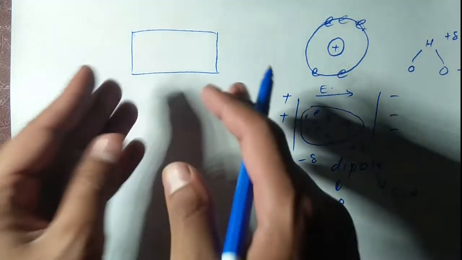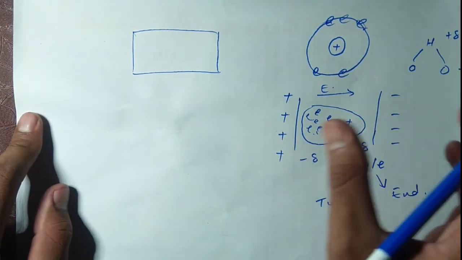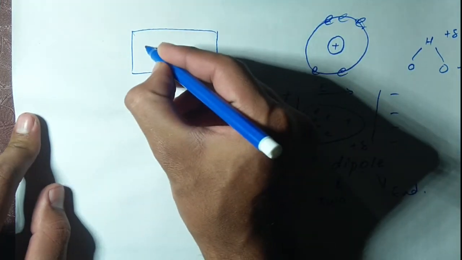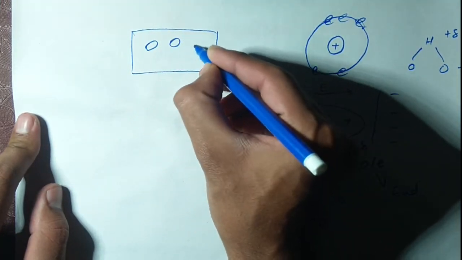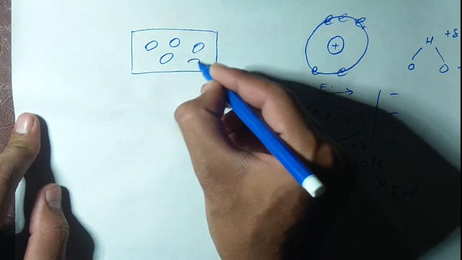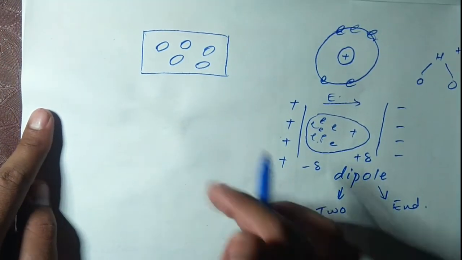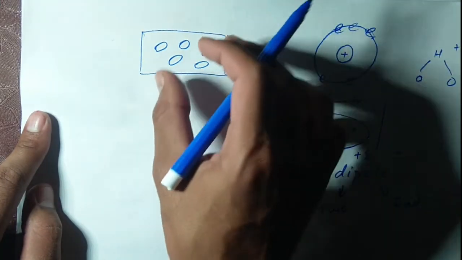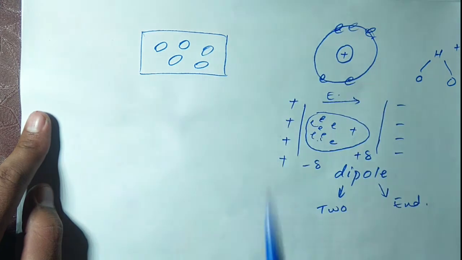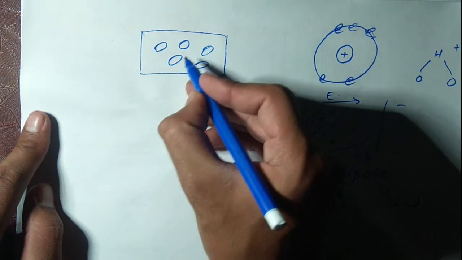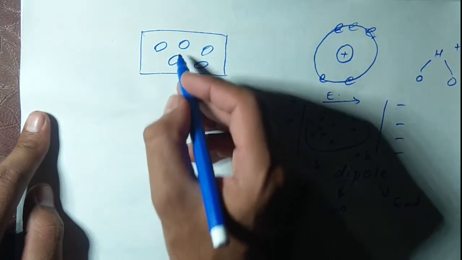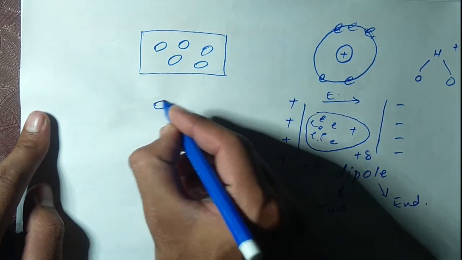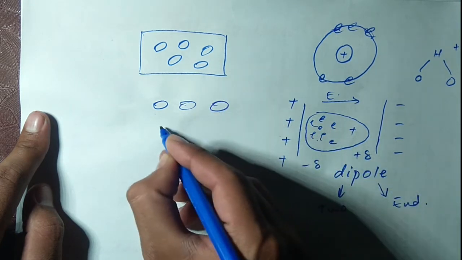So let's suppose we have a conductor, or we have an insulator here, and it has some atoms like this. It can have dipoles, polar or non-polar, but when you apply an external field, all of them will align themselves in this direction.